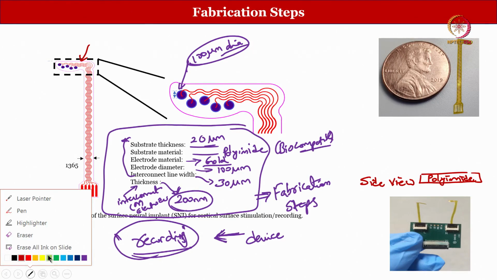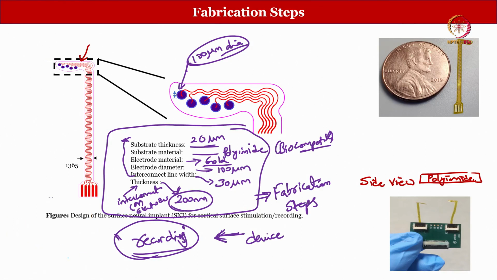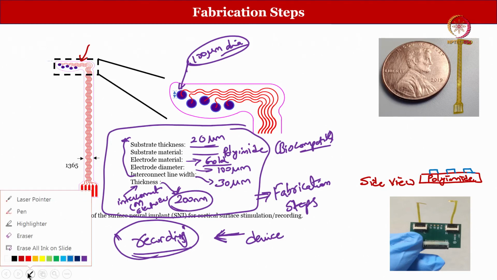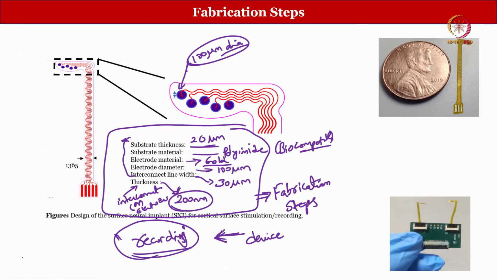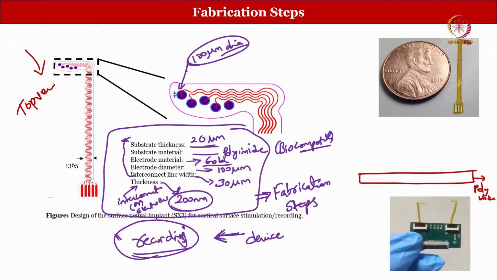On top of this, let me take blue color. Let me rewrite the dimensions a bit, because it is very important too. You have a polyimide layer, this is the bottom layer. This one is a top view, and for the same thing I am writing a side view here.